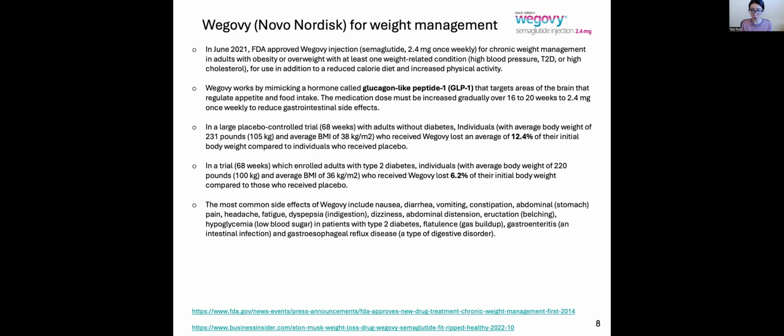That's a lot. 12.4% of one's body weight. Can you think for yourself: how many kilograms, how many pounds is that? And these people who took Wegovy lost it in 68 weeks.